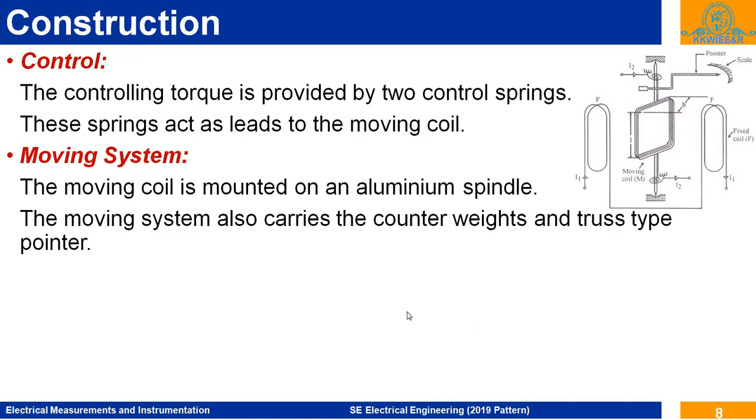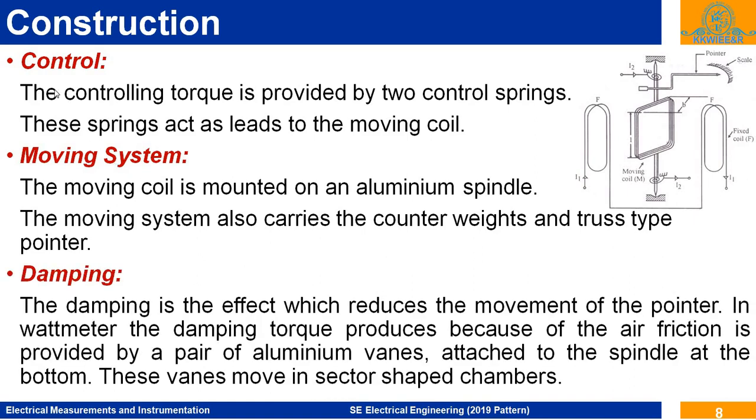Now we see the next part, the controlling part. The controlling torque is provided by the two control springs, and these springs act as leads to the moving coil. When the torque is generated on the deflecting system, or on this moving system, we need to control this torque.